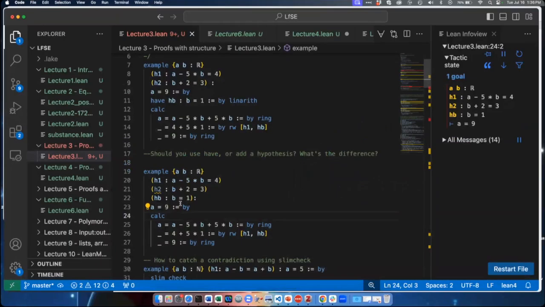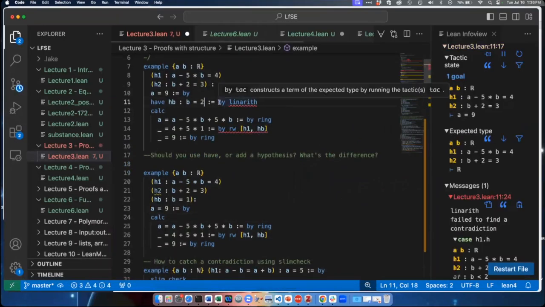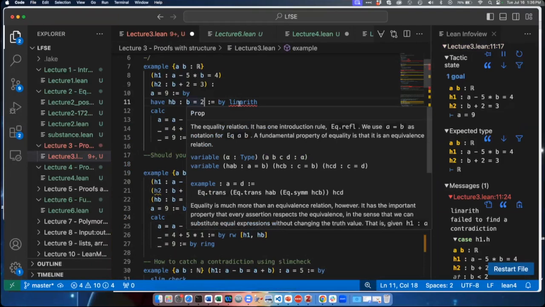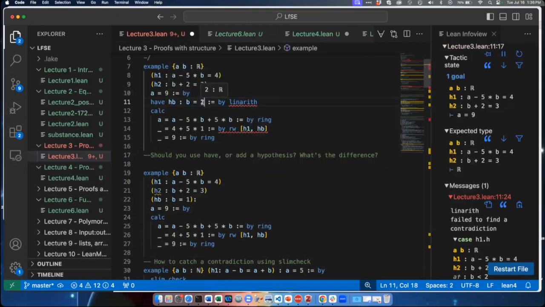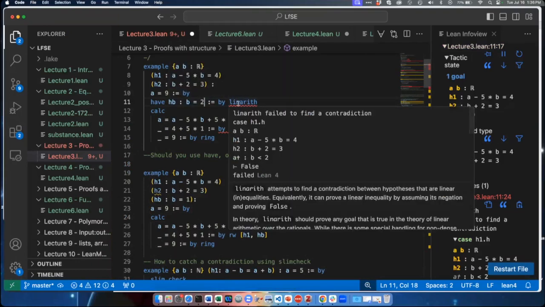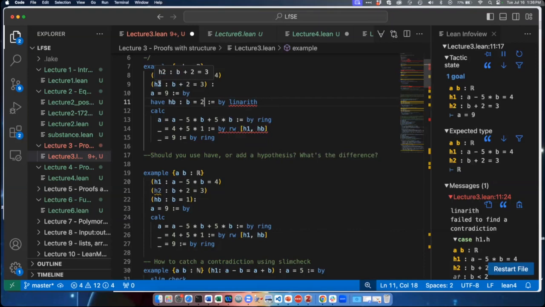So let's try this. Have b is equal to 2. I can't do that. B is equal to 2 fails, it will say linarith failed to find a contradiction. It proved false from this. This tactic tried solving it, and it ended up concluding that this statement is not true. B equals 2 does not follow from H1 and H2.